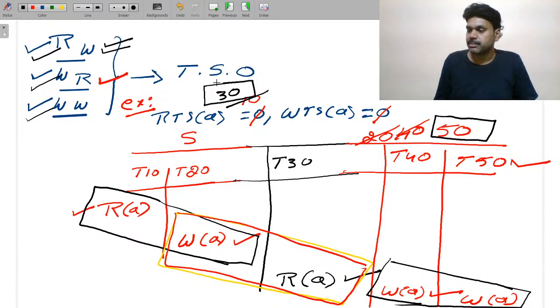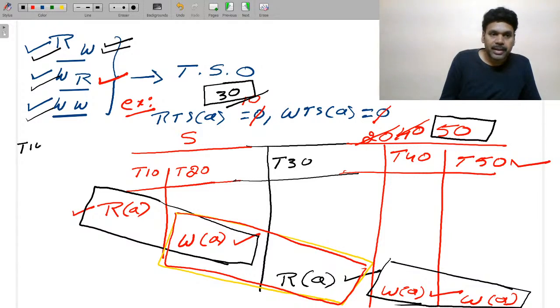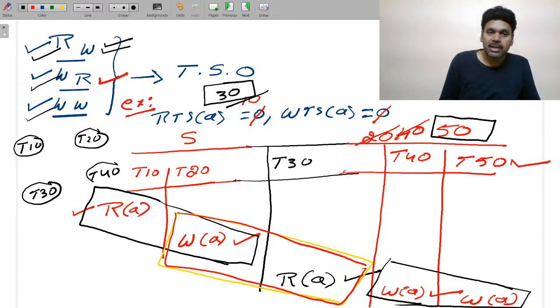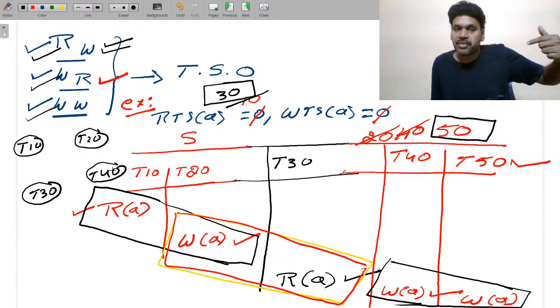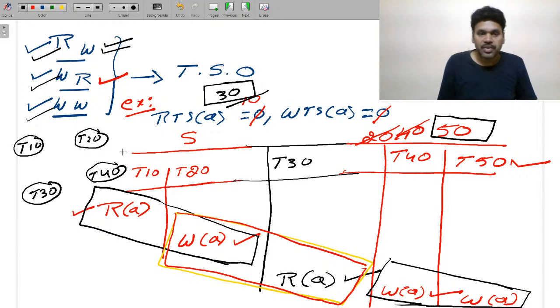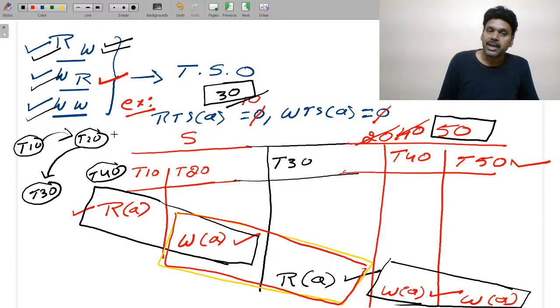Okay, friends. Now, what do we understand? Please see T10 here, T20 here, T30 here and T40 here. You are going to look at the conflicts in a forward direction. What is the forward direction? T10 to T20 there is a conflict. T20 to T30 there is a conflict. T20 to T40 there is a conflict.